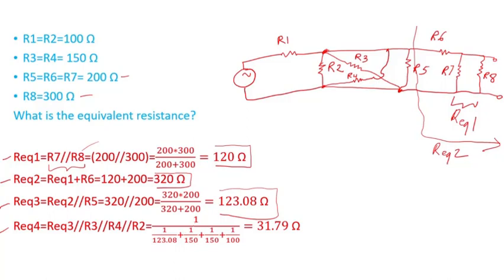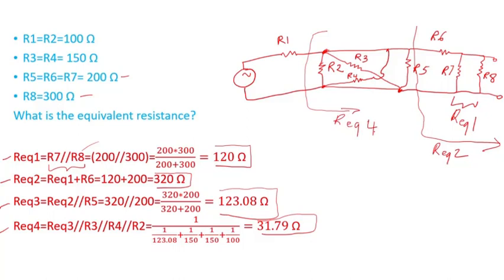So it's 1 over, 1 divided by R equivalent 3 plus 1 over R3 plus 1 over R4 plus 1 over R2. If you do the math, it's 31.79 ohms. So basically, I got the equivalent resistance from here, looking back towards what I started from. So all this is R equivalent 4.